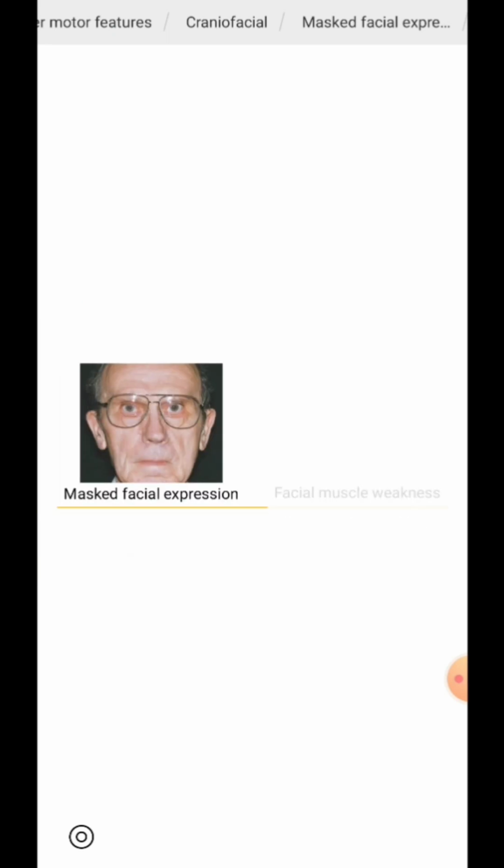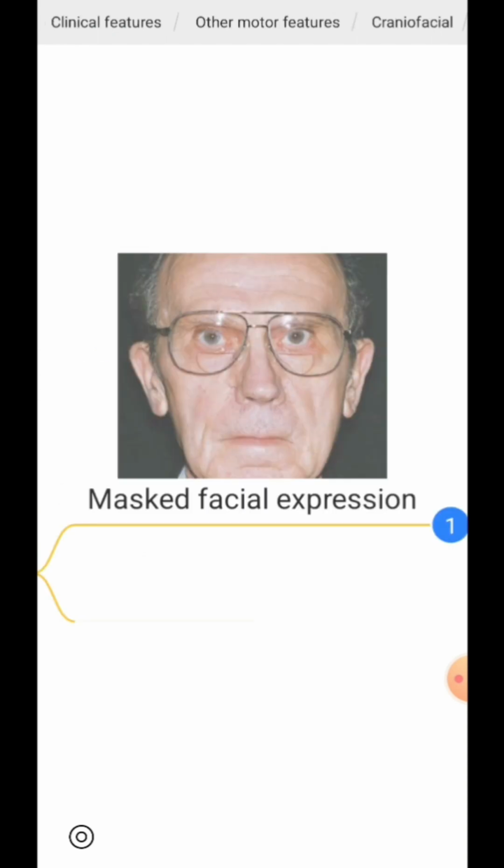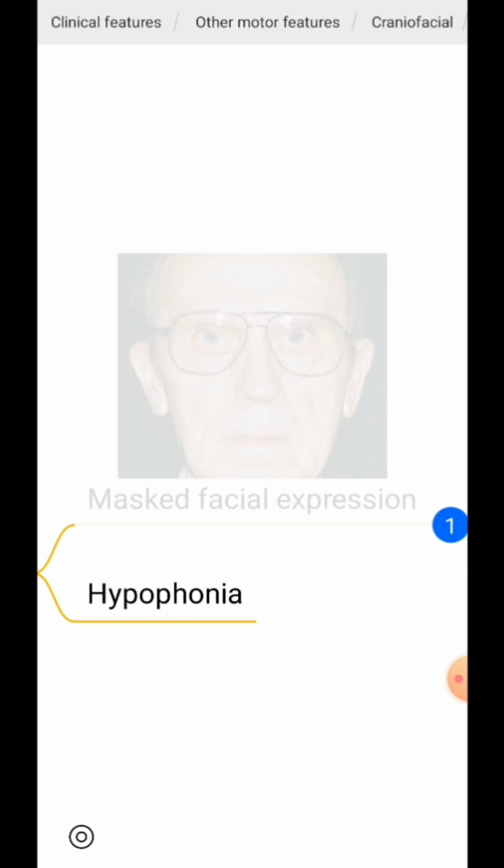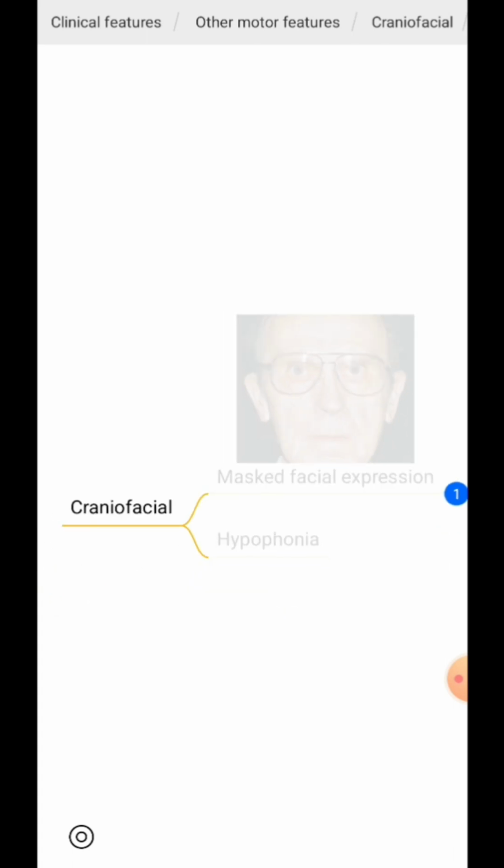So this look is a Parkinsonian face. And also, hypophonia is another craniofacial manifestation of Parkinson disease, where the patient has difficulty in speech. So those are the craniofacial clinical features.